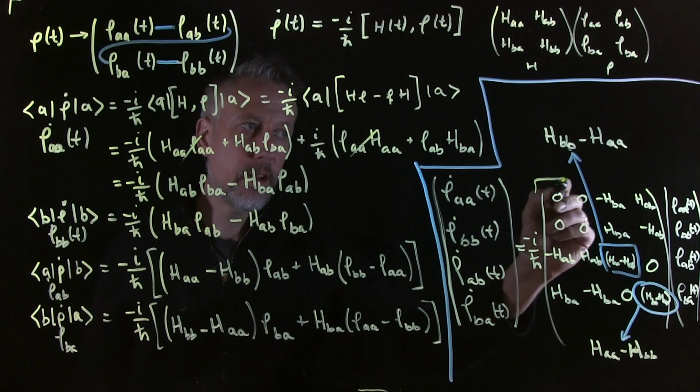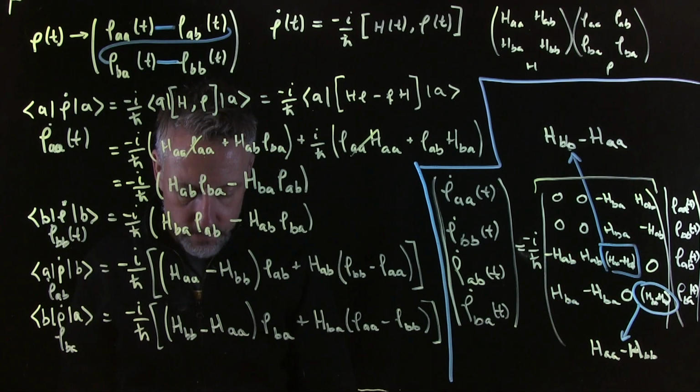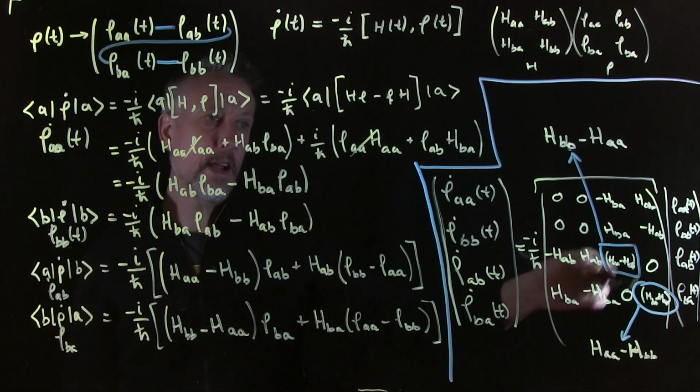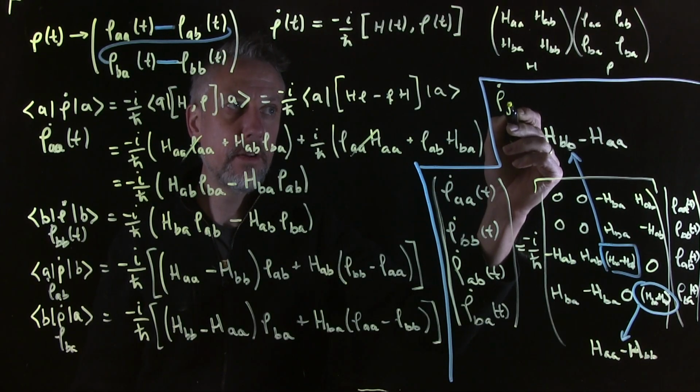It looks like a big matrix times the vector that's over here. Okay? And in fact, you can summarize this whole giant equation with this relatively simple notation using the summation notation like this.